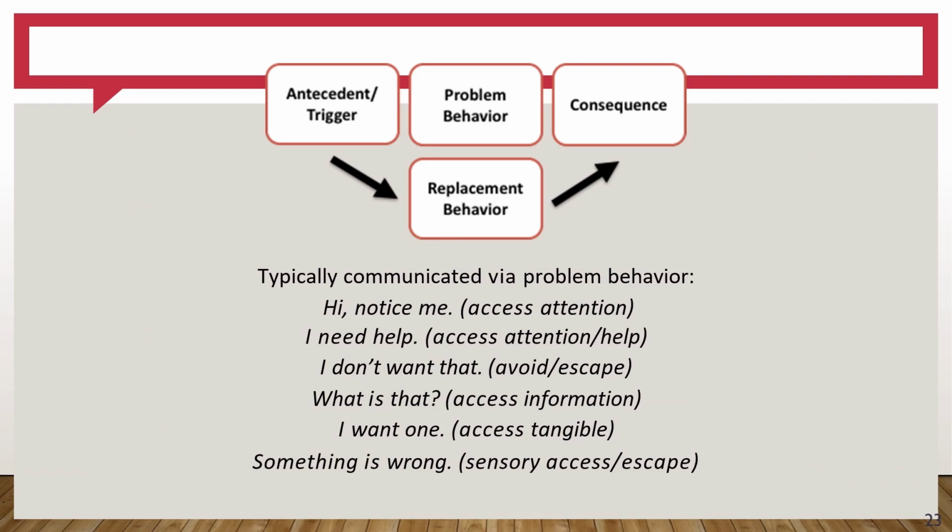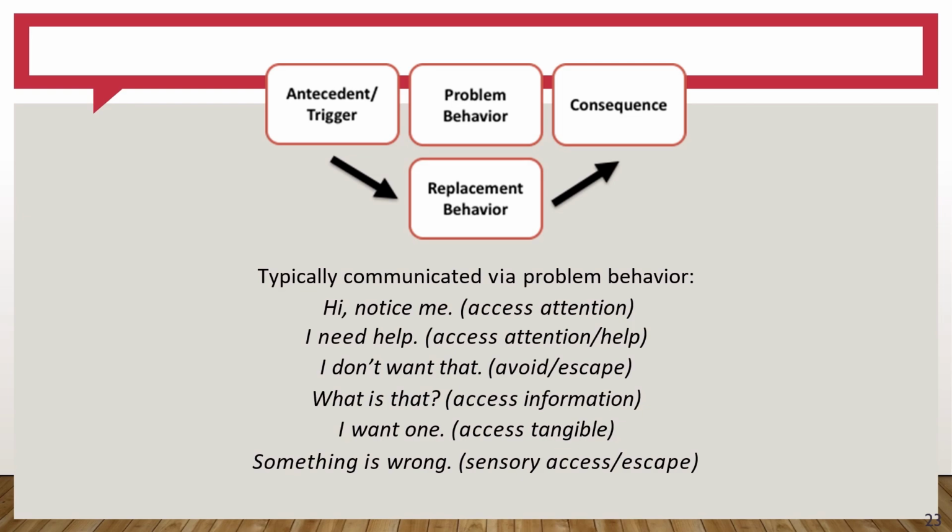All right, so in other words, there are other scenarios that might be communicated via problem behavior, right? Maybe they are trying to get access to attention. So, hi, notice me. Maybe I need help. So once again, that's access to attention, help. Maybe they are trying to reject something. So that is avoid and escape.